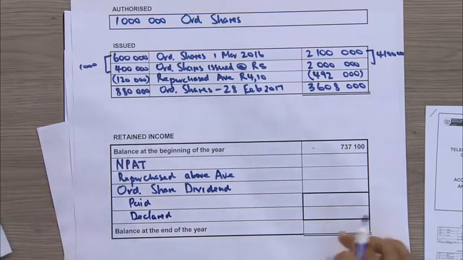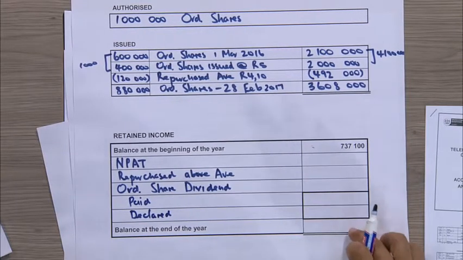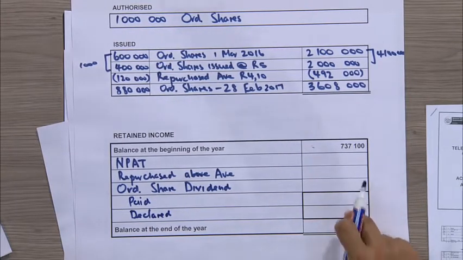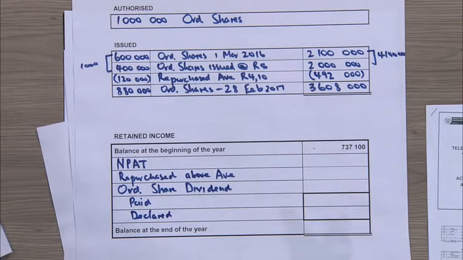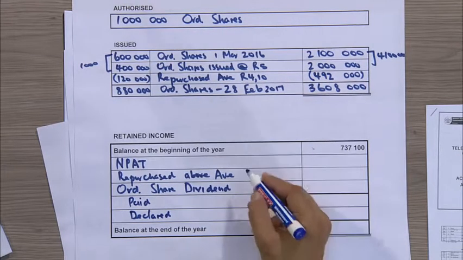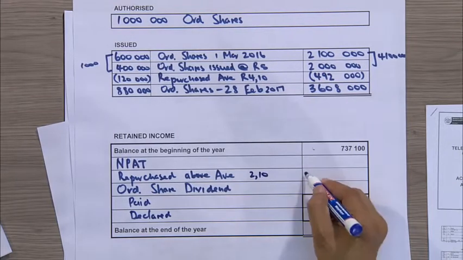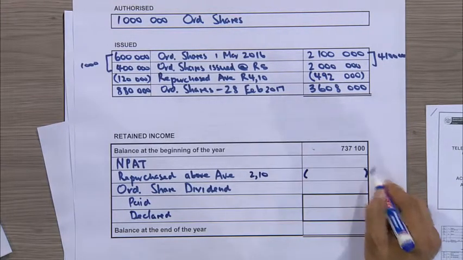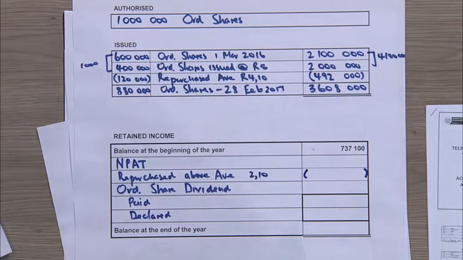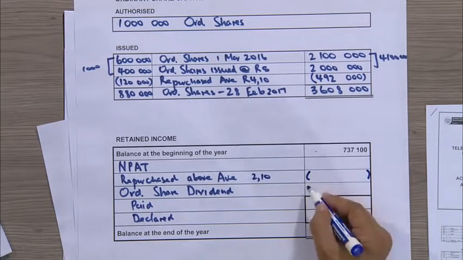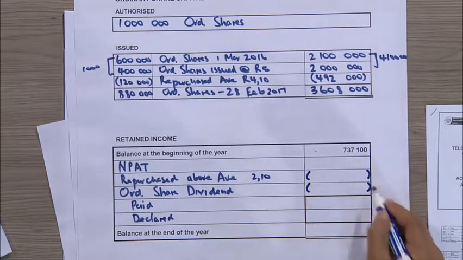Okay, the answer at the end of the note should be the same as the balance in your retained income account. But what we know is it was 2 Rand 10 cents above, so that figure will have to go in brackets. Okay, so we can get that, and the ordinary share dividends will go in brackets.